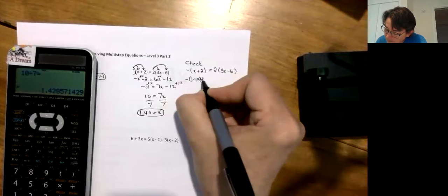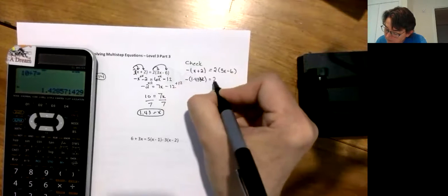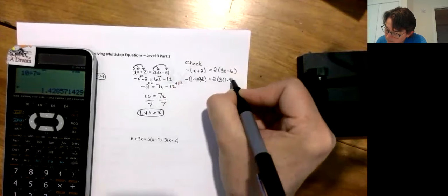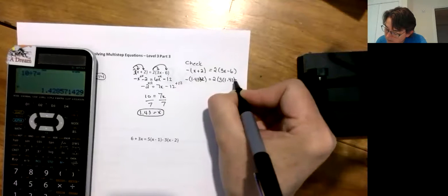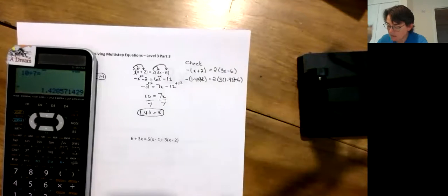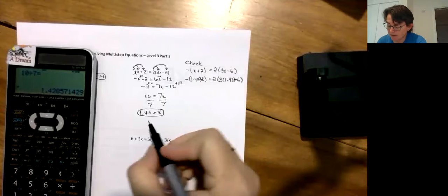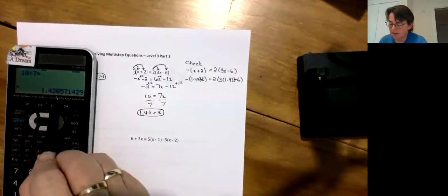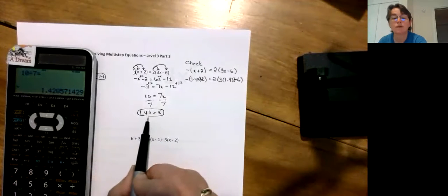Whoopsies. Oh, goodness. I'm making a real mess there. Okay, I should come back to this. Notice on here it's 1.428, so I just rounded to 1.43.